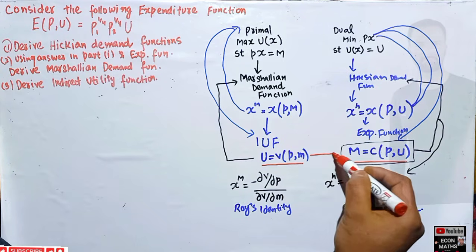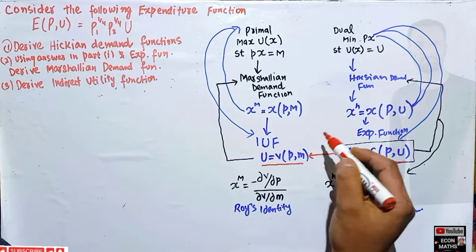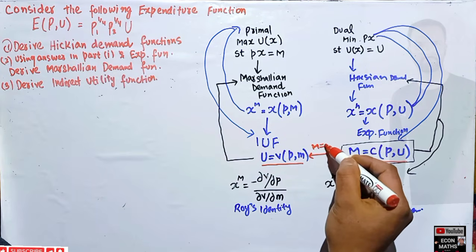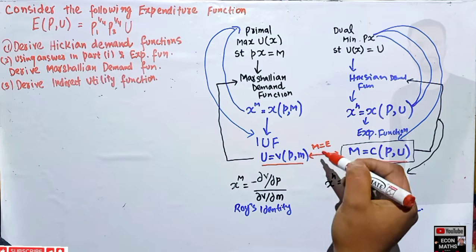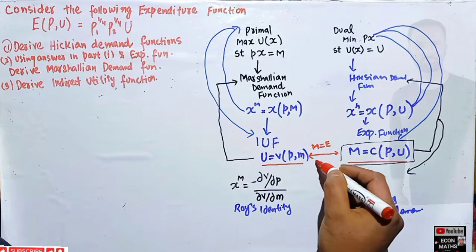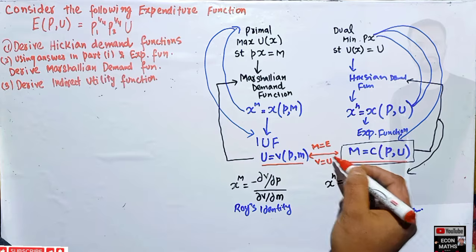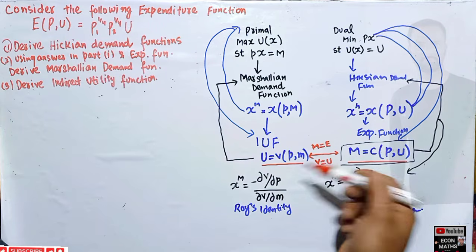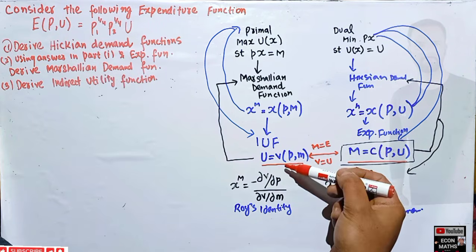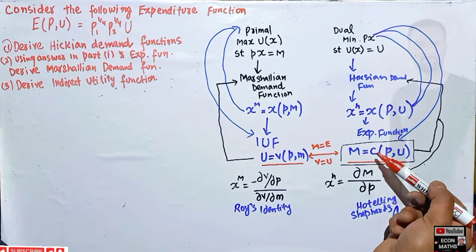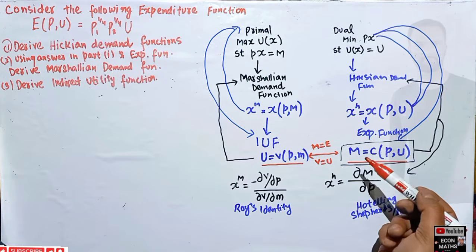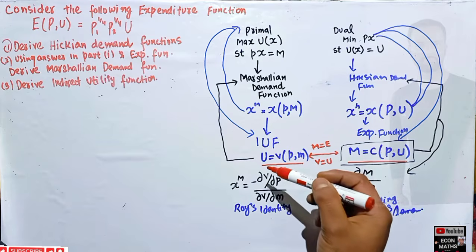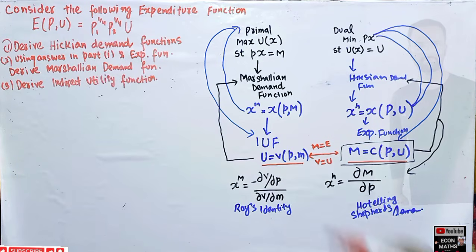If we write income m as expenditure e, or write v as u, we will get the indirect utility function from the expenditure function, or we can derive the expenditure function from the utility function. Let me show it here also. So coming to the question first, then I will explain it in clear terms.